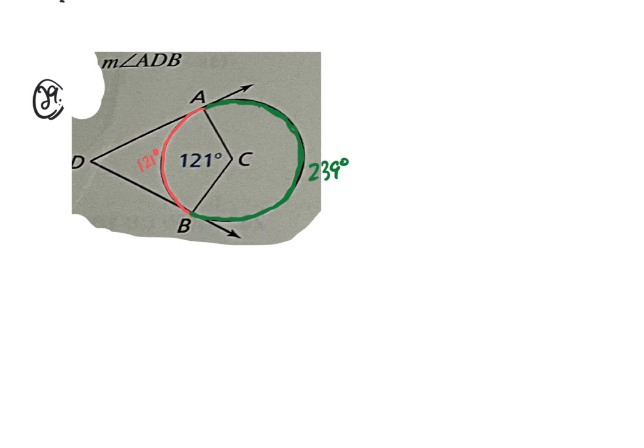So there's part one. And then part two is to remember that when we have two tangents drawn to a circle, the angle formed is going to be half the difference of the two arcs. Half the difference of the two arcs.